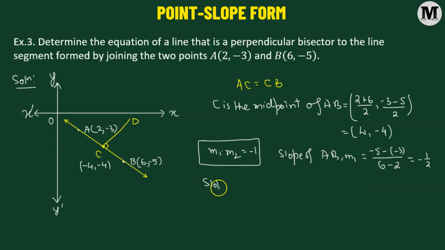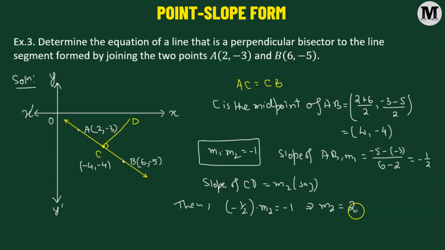And the slope of CD, let it be given by M2. Then we can use the idea that the product of M1 and M2 is -1. So we have M1 given by -1/2 multiplied by M2 equals -1, which means the value of M2 is going to be +2.